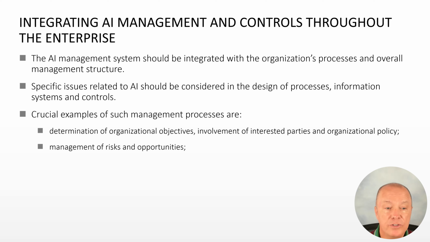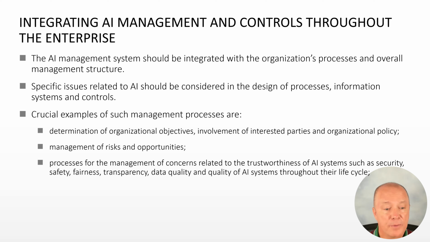We also look to management of risks and opportunities, the processes for the management of concerns related to the trustworthiness of AI systems, such as security, safety, fairness, transparency, data quality, and quality of AI systems throughout their life cycles. The processes for the management of suppliers also need to be considered, as well as partners and third parties that provide or develop AI for the organization.